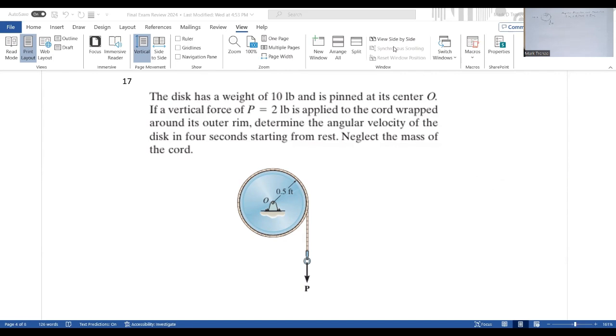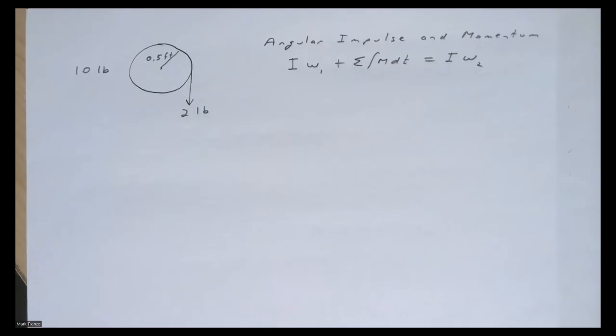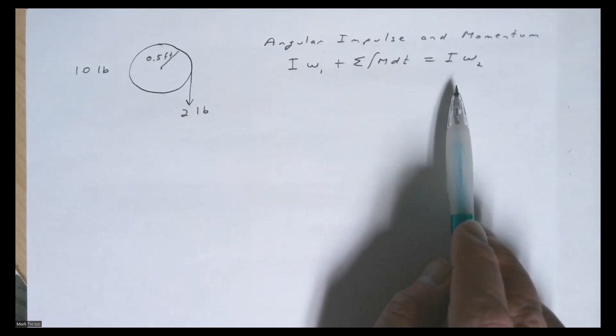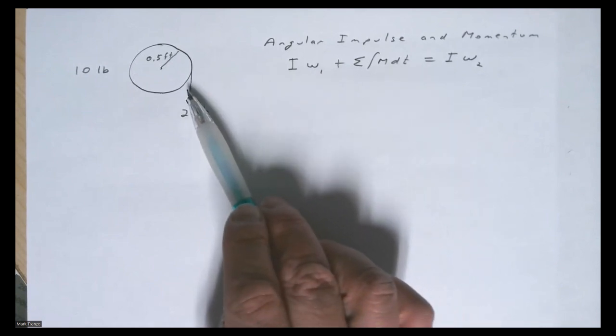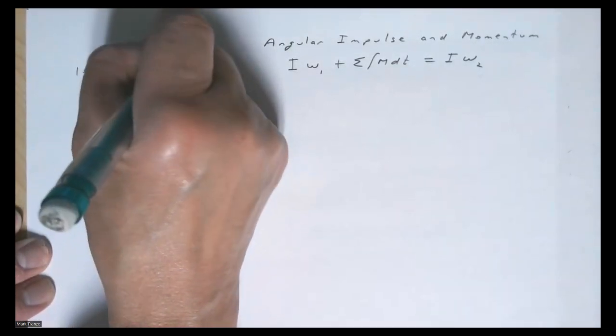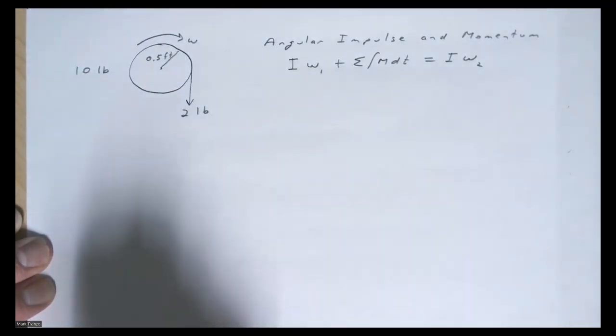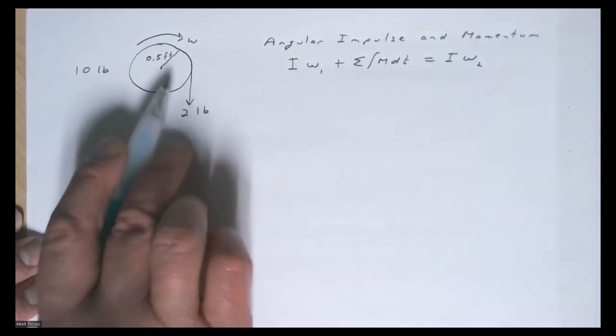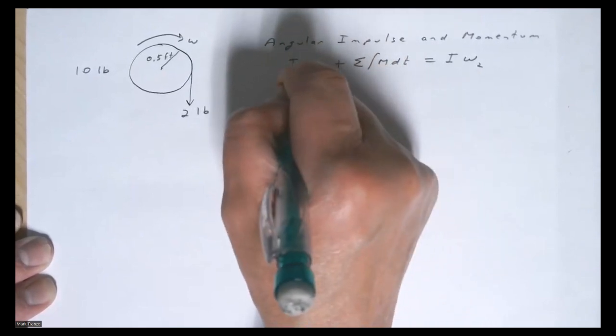So let's take a look at this problem. And so this time, again, keep in mind, we're going to use this equation, angular impulse and momentum. Let's think about the moment we're going to have here. Again, we're going to have an angular velocity like this, so think of what moment would be created. Once again, this is a constant force and the moment's going to be constant.